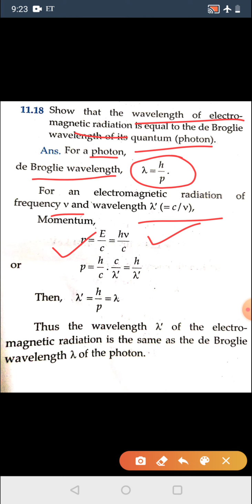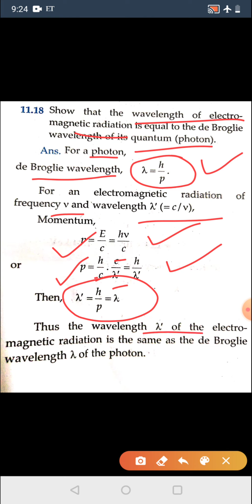So momentum p is equal to h by c into c by lambda dash. If you cancel c, you will get h upon lambda dash, and that is the same as this result. So lambda dash is equal to h upon p, which is equal to lambda. Thus the wavelength lambda dash of electromagnetic radiation is the same as the de Broglie wavelength of a photon, which was asked.